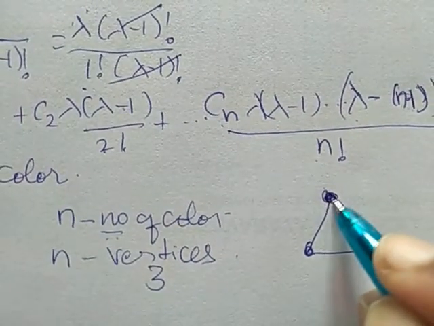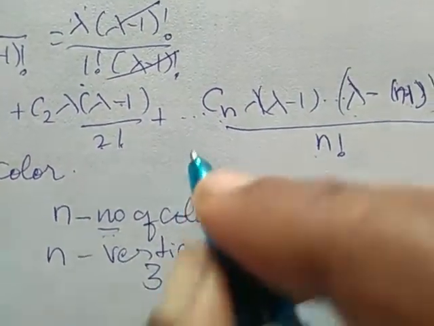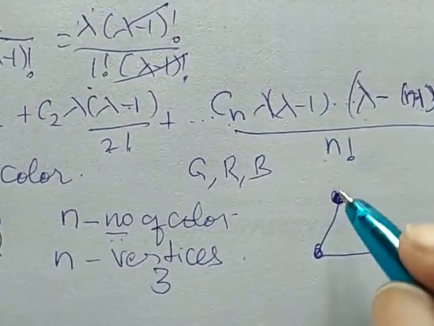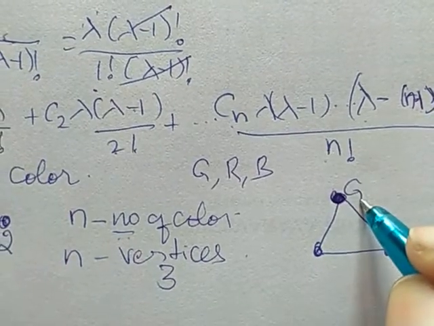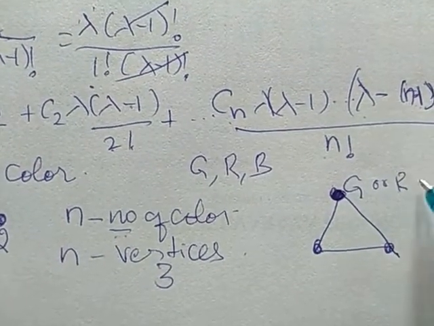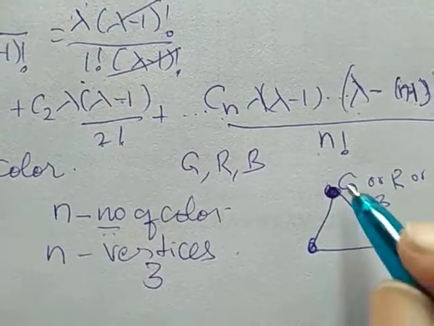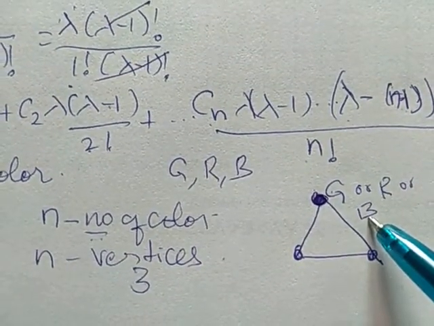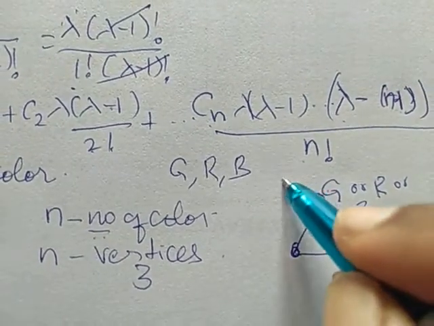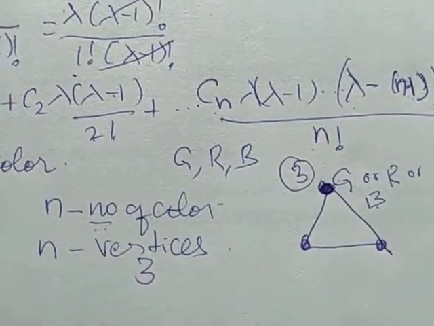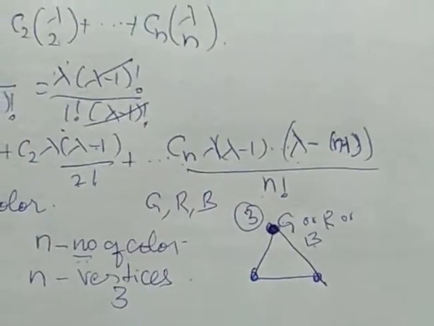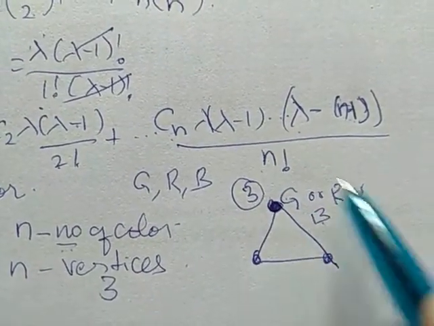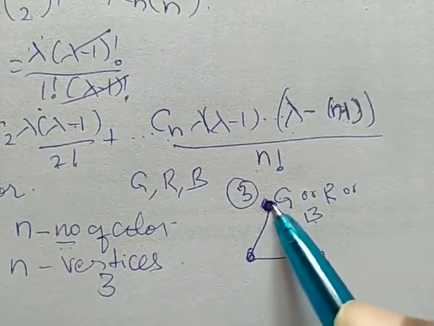If this is my first vertex and I have green, red, and blue colors, I can choose green or red or blue in any way. So in three ways I can draw the colors. Here I have three options to choose a color for a vertex.